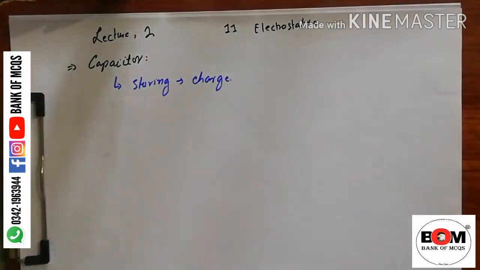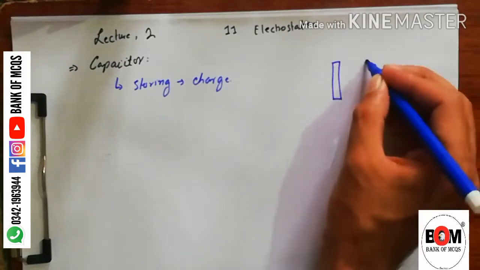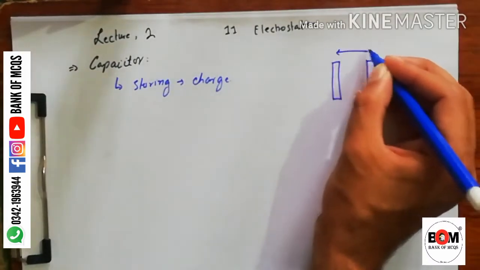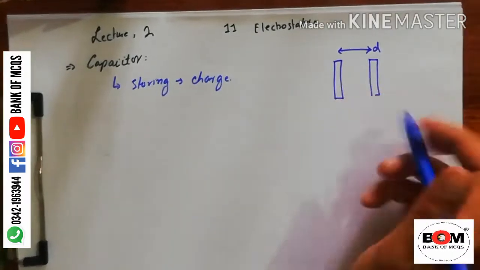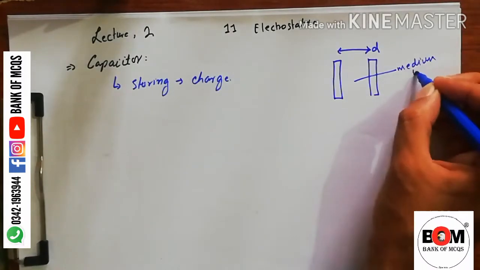The capacitor consists of two metal plates present at a distance of d from each other, and the medium between these two plates is called the dielectric. So the capacitor consists of two metal plates, and second, there is a medium between these two plates.